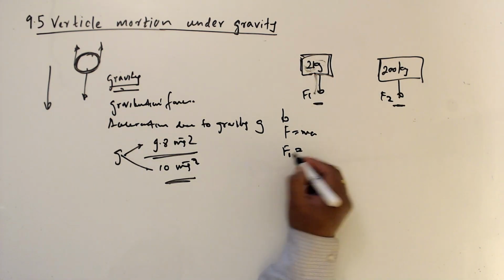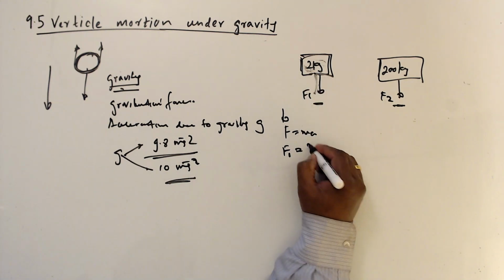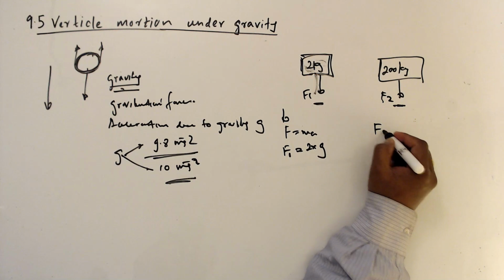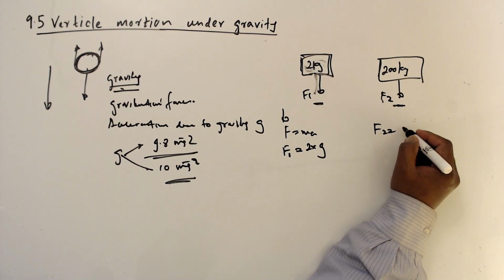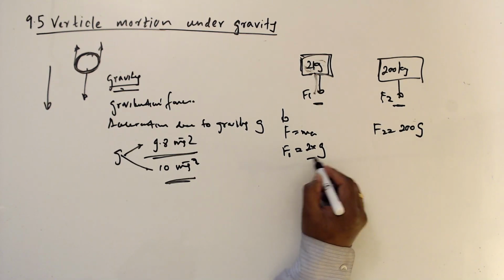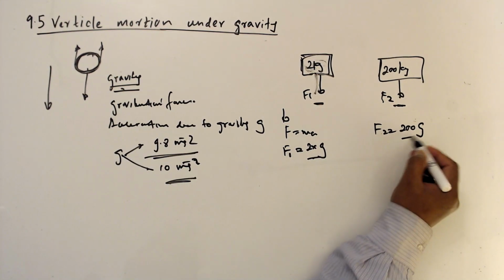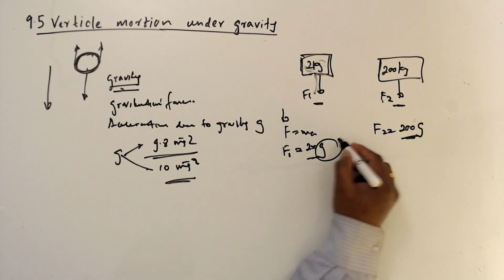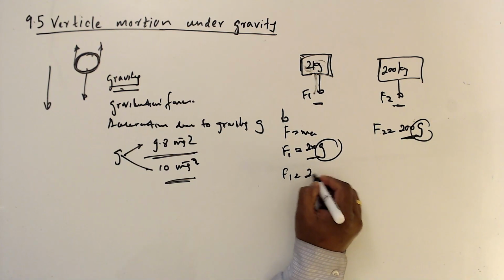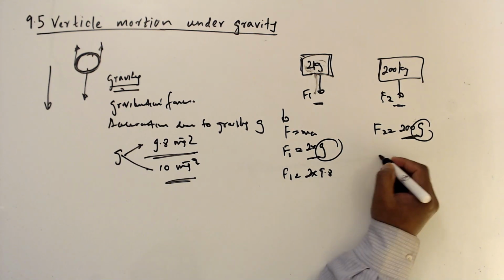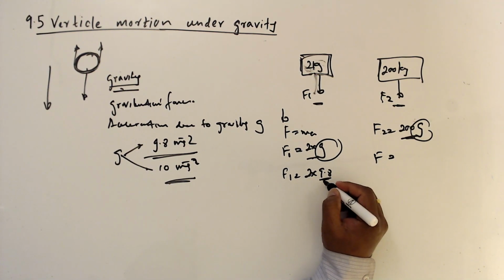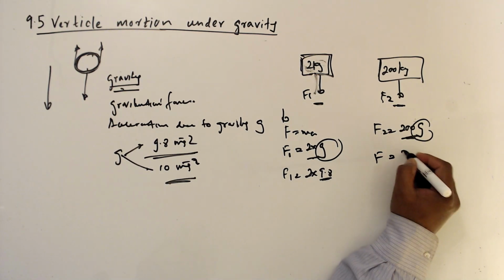F1 is 2 times g and F2 is going to be 200 times g. So this force is lower than that force, but the gravitational acceleration is still the same.